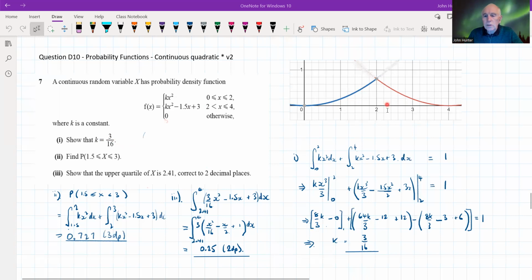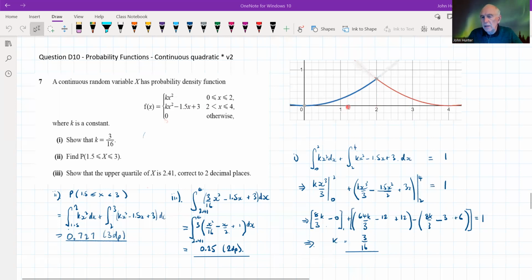In order to form an equation, we know that this curve is kx squared here, and this is kx squared minus 1.5x plus 3. So if we want the total area under this curve, then we have to integrate it in two parts, 0 to 2 and 2 to 4.